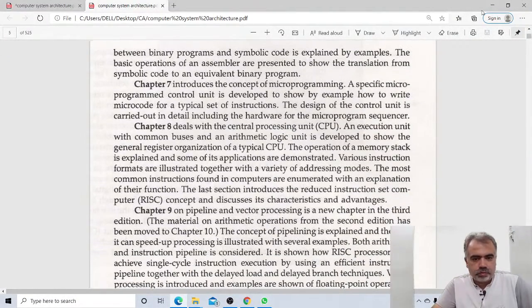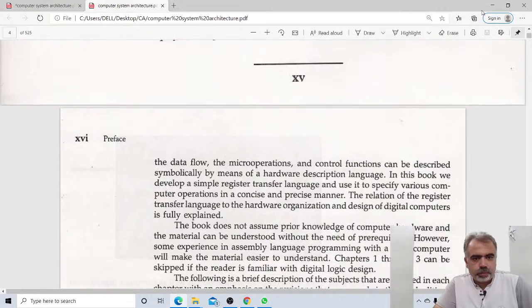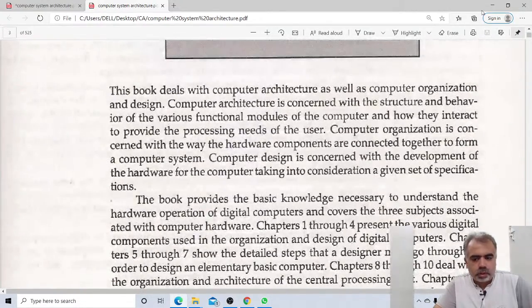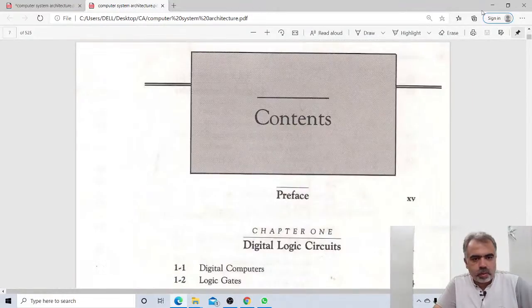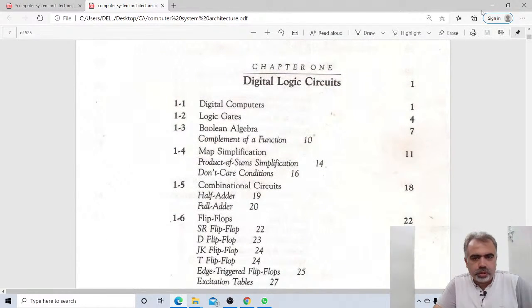Let me start with the index of this book. The very first chapter is digital logic circuits. This is basically a revision of whatever you did in digital electronics.